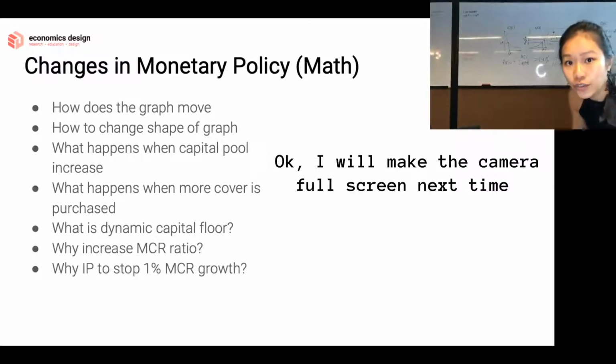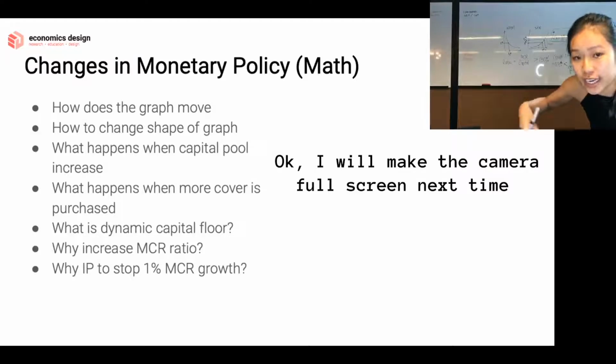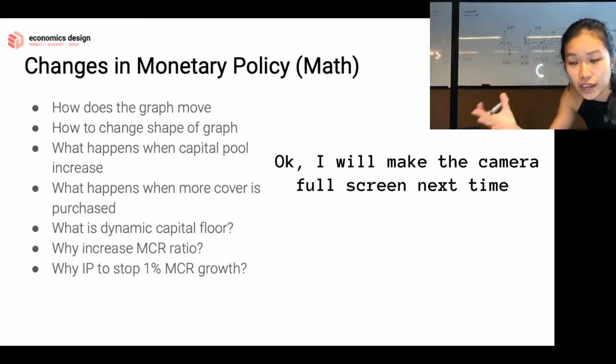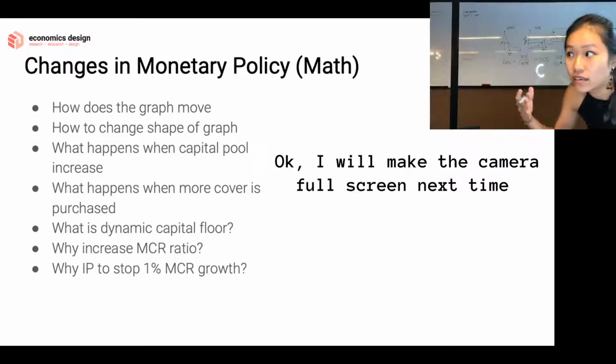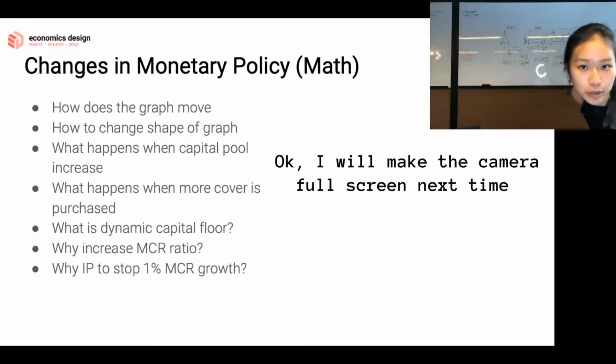In general, the total capital pool actually increases more than the minimum capital requirement. If you just think about it intuitively, the MCR is called the minimum capital requirement, and in general the minimum capital requirement is much lower than the total capital pool. That helps you conceptualize why the total capital pool increases more.